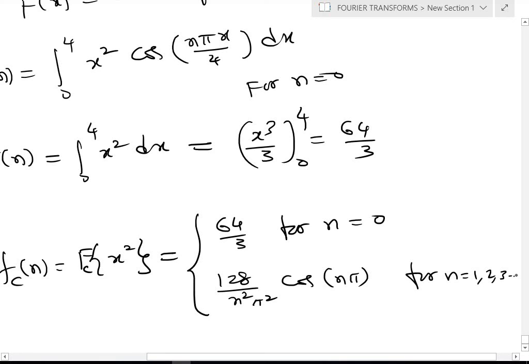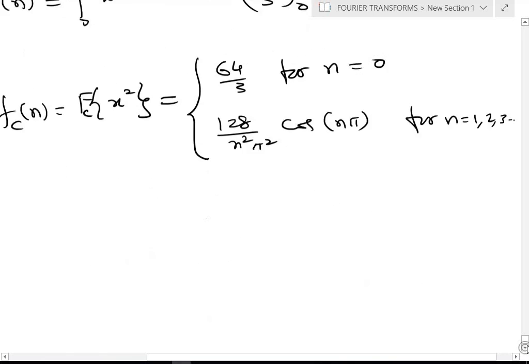If you want, I will give you some problems to understand the Fourier sine and cosine transformations. So try at home.